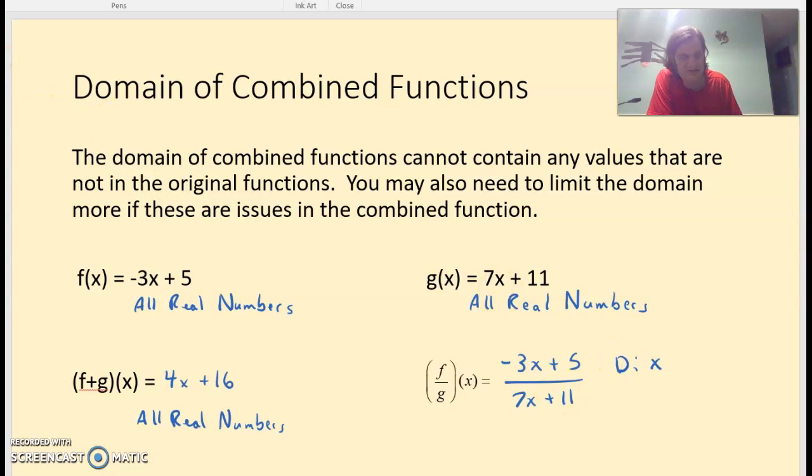Remember that the denominator can't be 0. So this 7x plus 11 cannot be 0. So it means x cannot be negative 11 sevenths. Okay, so that's the domain of the quotient of those two functions.